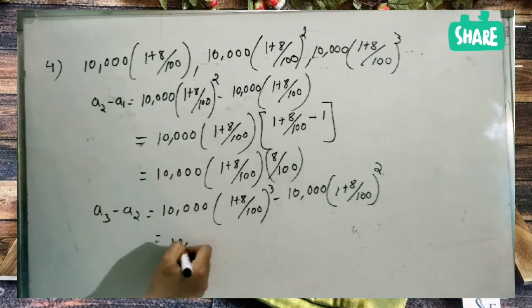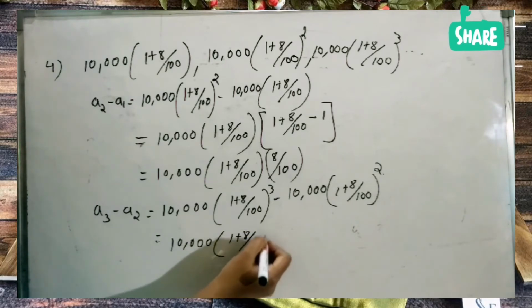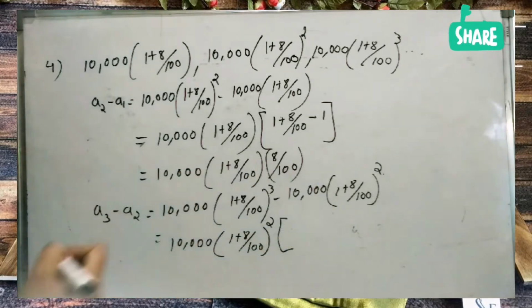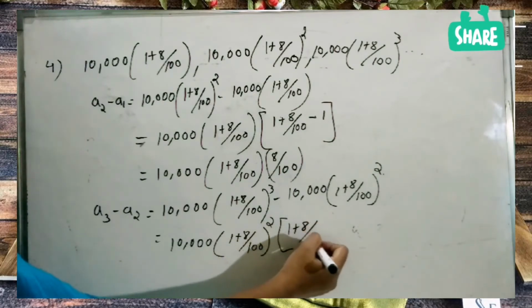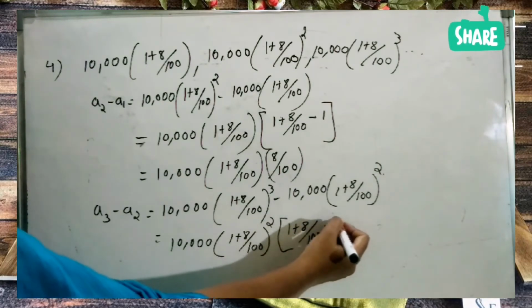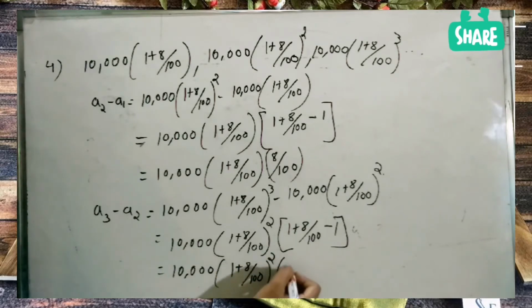In this, 10,000 into (1 + 8/100) all squared is common. Just take it outside. Then in the first term we will have 1 + 8/100 and in the second term we will have 1. 1 and minus 1 get cancelled and we will get 10,000 into (1 + 8/100) all squared into 8/100.